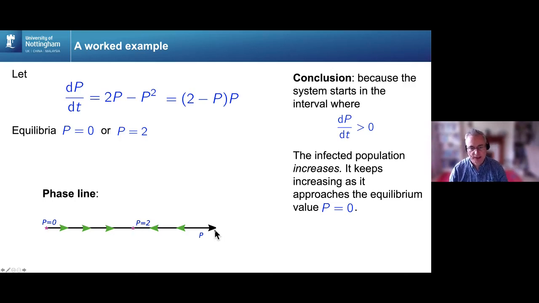If I have a population on the right of that, the arrows are pointing leftwards because the solution is decreasing. And again, here, my solution on the p-axis goes from right to left, and it decreases and approaches that equilibrium value.